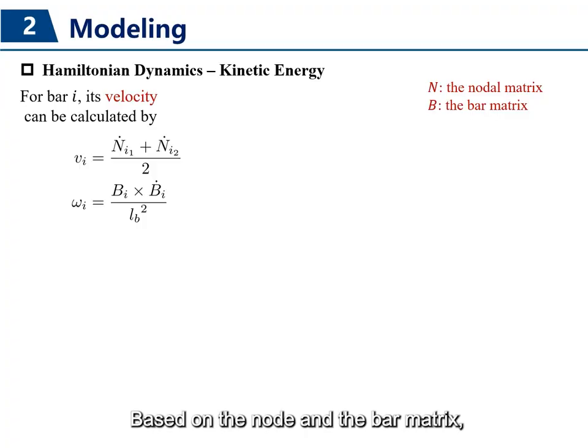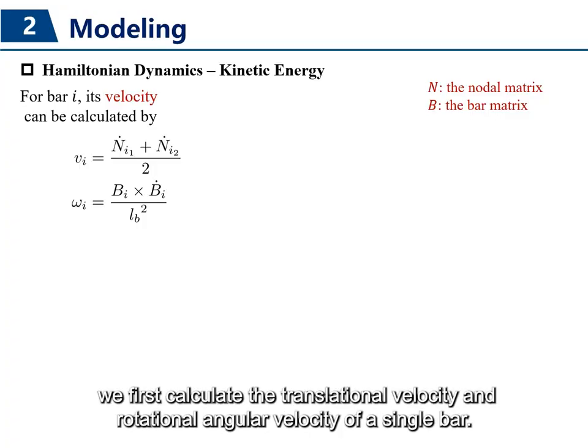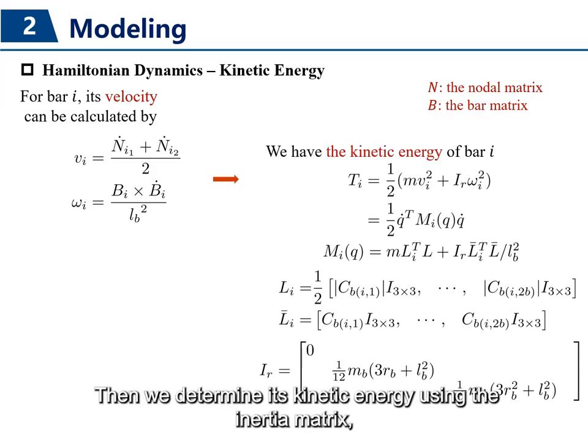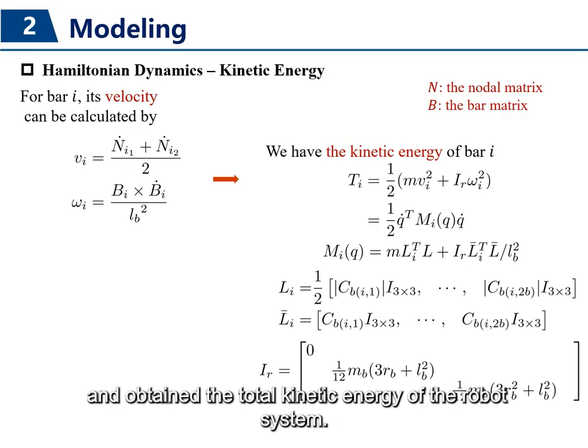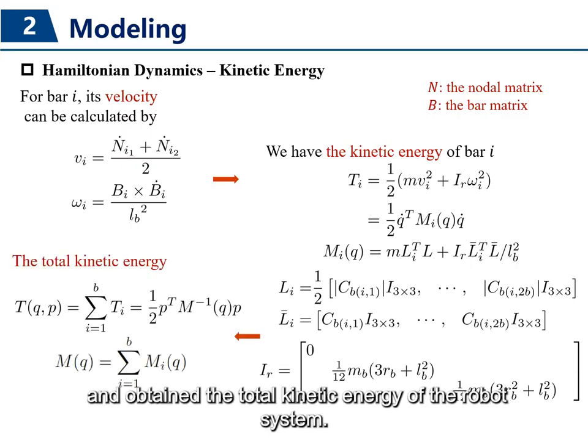Based on the node and the bar matrix, we first calculated the translational velocity and rotational angular velocity of a single bar. Then we determine its kinetic energy using the inertia matrix and obtain the total kinetic energy of the robot system.